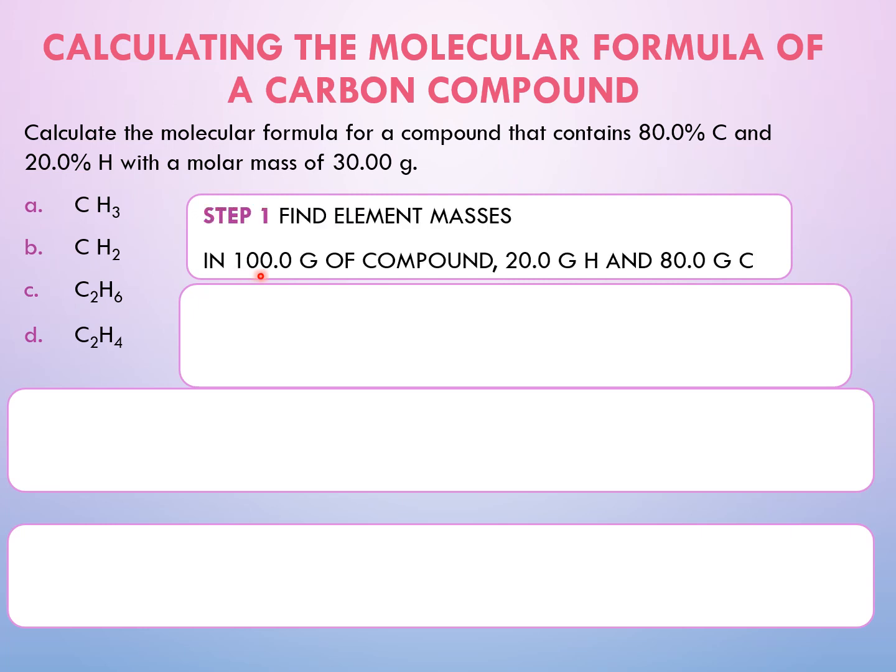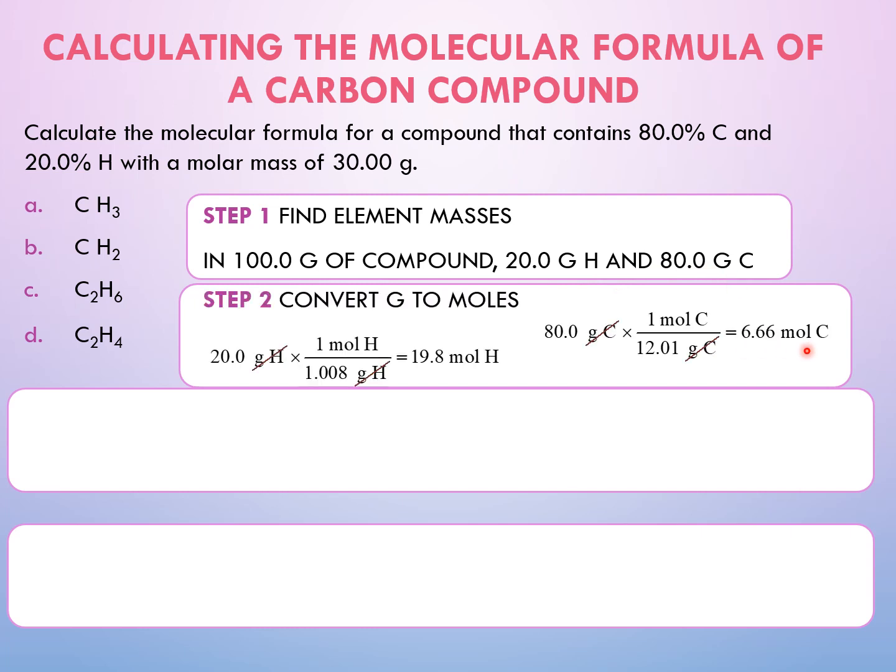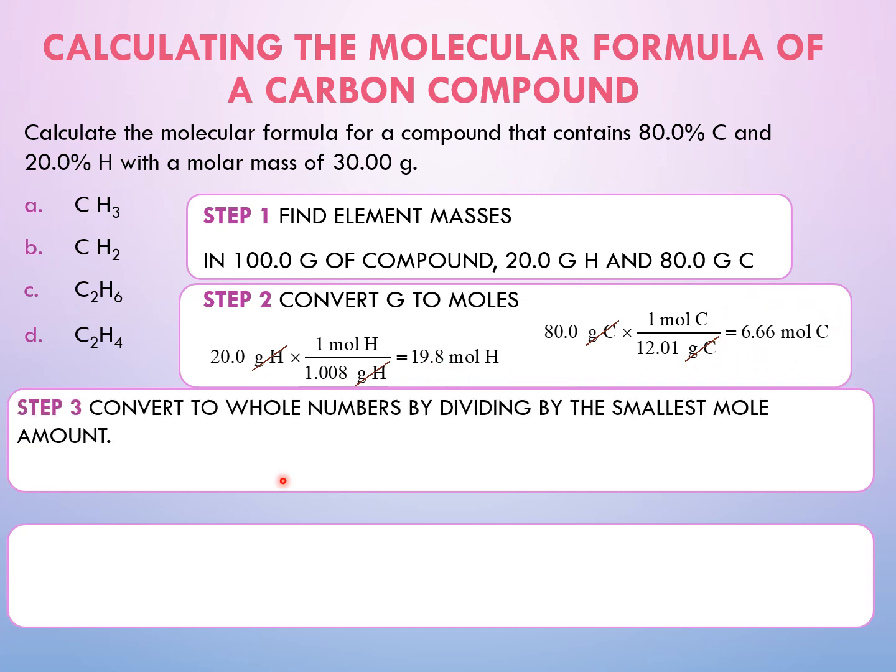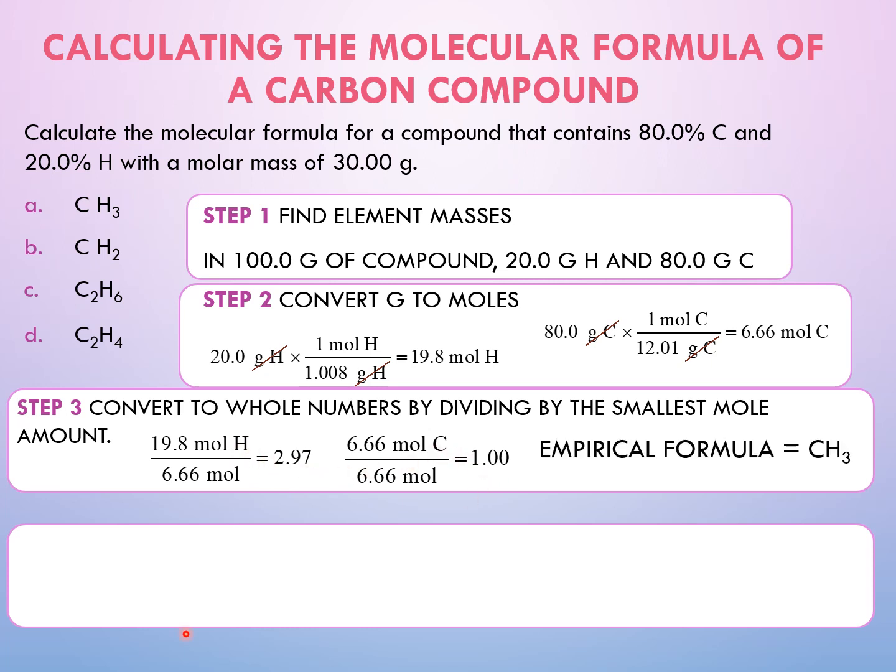So in this case here, 100 grams, so 20 grams of H, 80 grams of carbon, and then we convert both of them to moles, and carbon's number is smaller, so we'll divide both of them by carbon's number, and you can see here carbon is going to be 1, and the ratio for H will be 3. So it'll be C and then H3, so it's CH3 for my empirical formula.